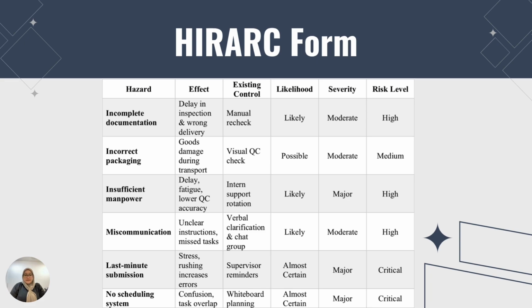Miscommunication also affects task flow, so it's rated high. Incorrect packaging is medium risk, while last-minute submissions and no scheduling system are critical because they happen often and disrupt operations. This helps identify which hazards need faster action.